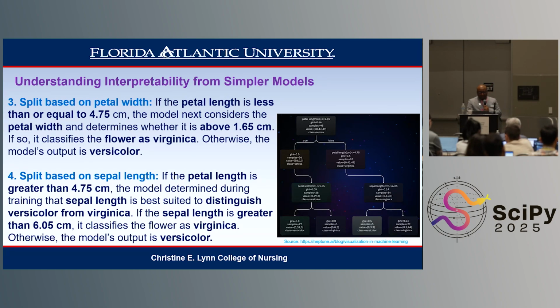The model considers the petal width and determines whether it is above 1.65 centimeters or not. After the 4.75 check, it determines 1.65, getting more fine-grained to reach the decision. Then the flower is virginica, or otherwise, versicolor.